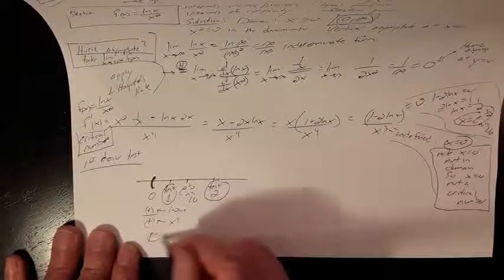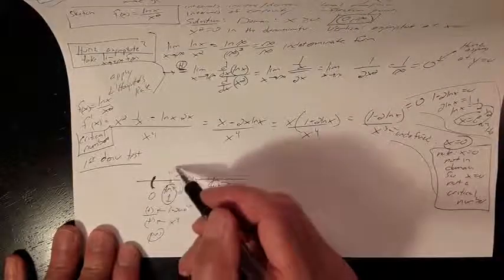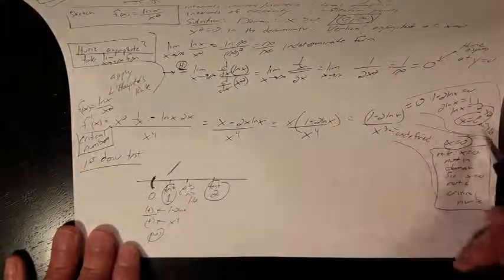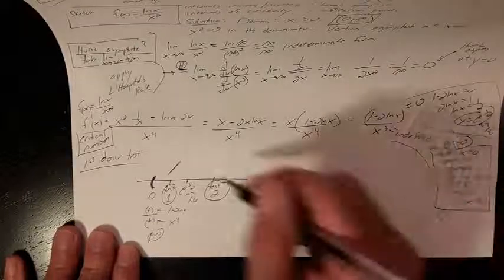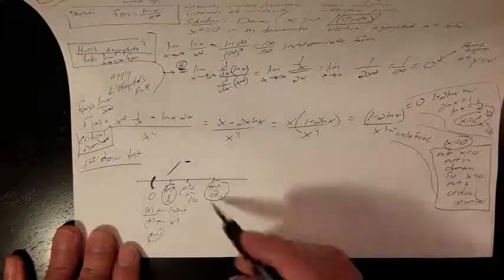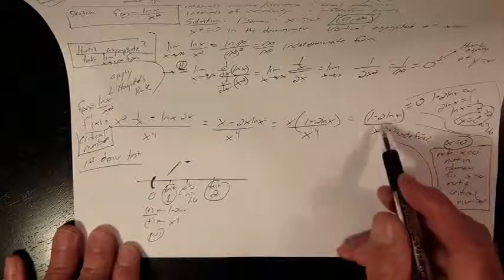Positive over positive is positive, so this tells us the first derivative is positive in this interval, so the function is increasing. At e to the 1/2, that was where the first derivative was 0, so I know there's a horizontal tangent right there.